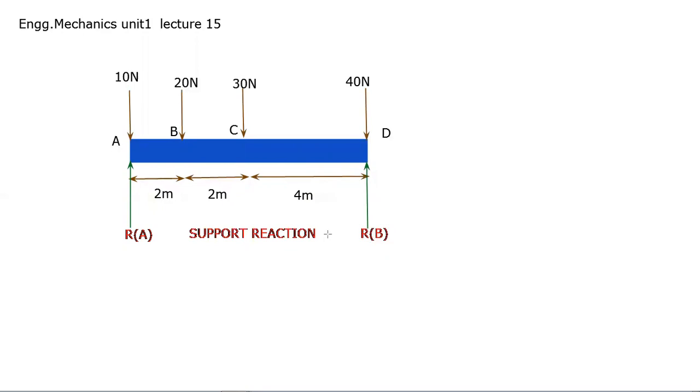And that support reaction is some amount of force, and that amount of force we have to find. So how to find this force, that is RA and RB, which will have the unit Newton.